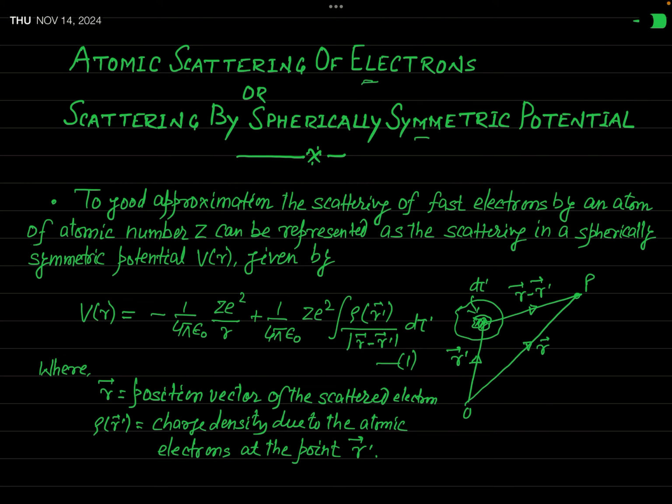It means scattering of electrons by atoms, when atoms are taken as the target. Because, to a good approximation, the scattering of fast electrons by an atom of atomic number Z can be represented as the scattering in a spherically symmetric potential.